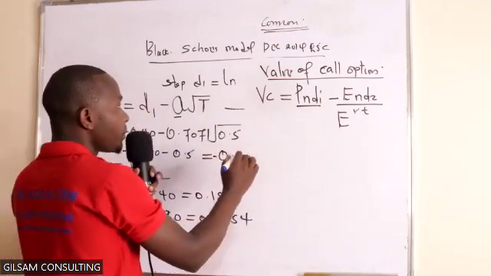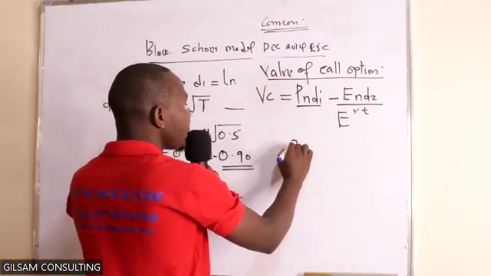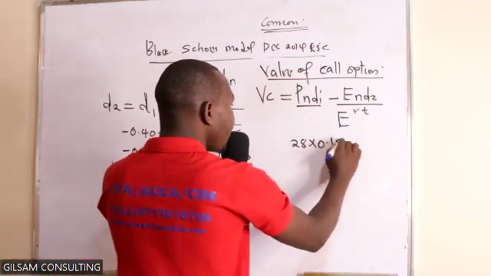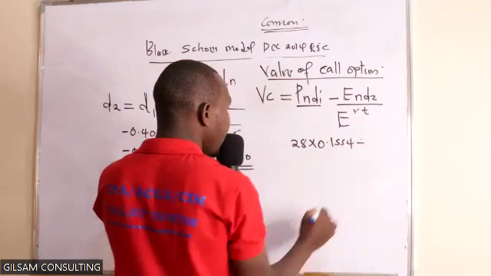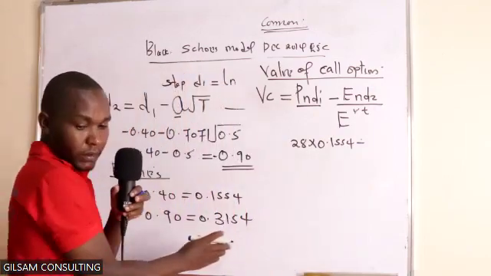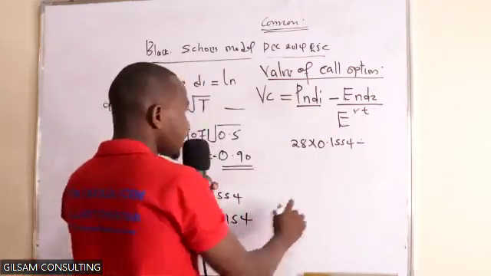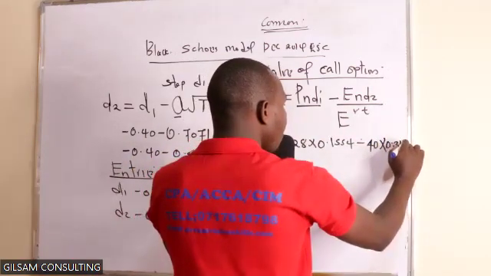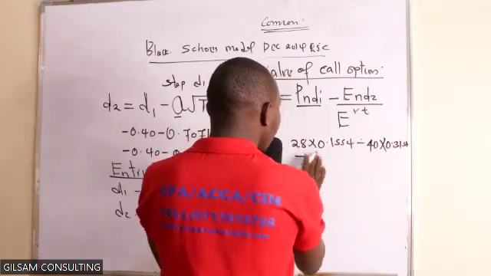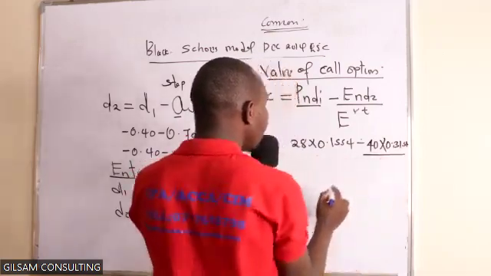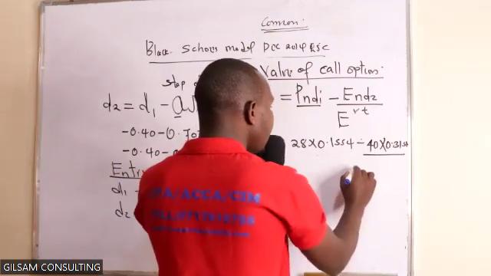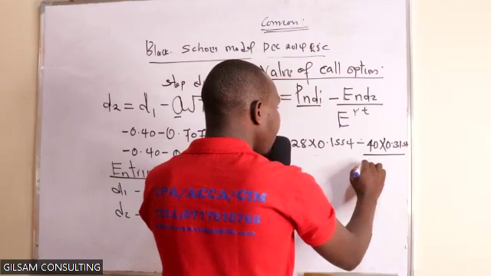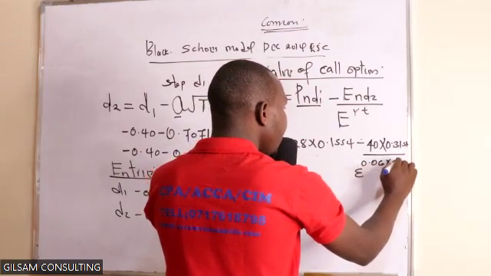So this one we have it. Our spot rate is 28 times 0.1554, minus 40, the exercise price, times 0.3541. We divide this by the Euler constant, e raised to R, where R is the risk-free rate, 0.06, times time, 0.5.